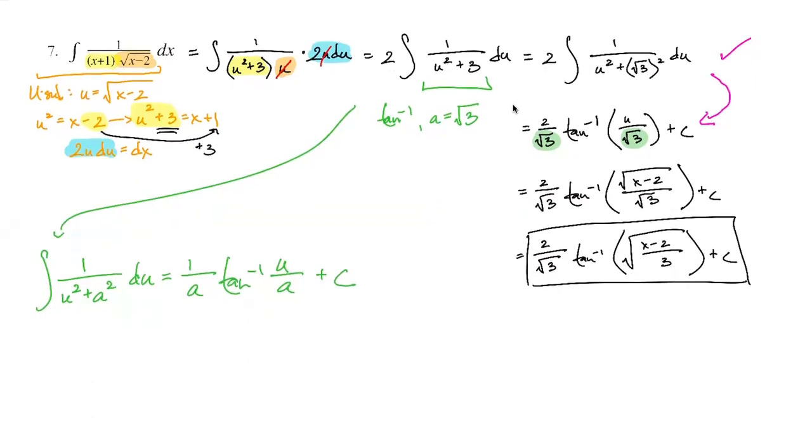Oh, okay. If this is a u right here, then in the next step it's still going to be a u. And then this u goes back to the square root of x minus 2 because of our initial u sub.